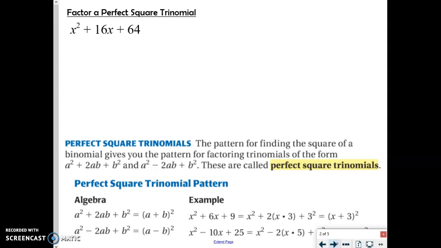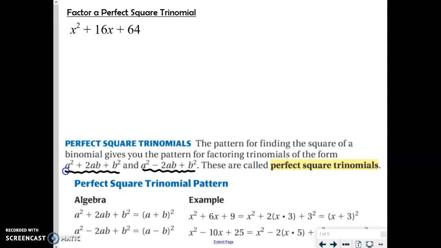The next example that I have here for you, ladies and gentlemen, is factoring a perfect square trinomial. Now, in order for a perfect square trinomial to be perfect square, it has to follow the following patterns. It either has to be a squared plus 2ab plus b squared, or a squared minus 2ab plus b squared.